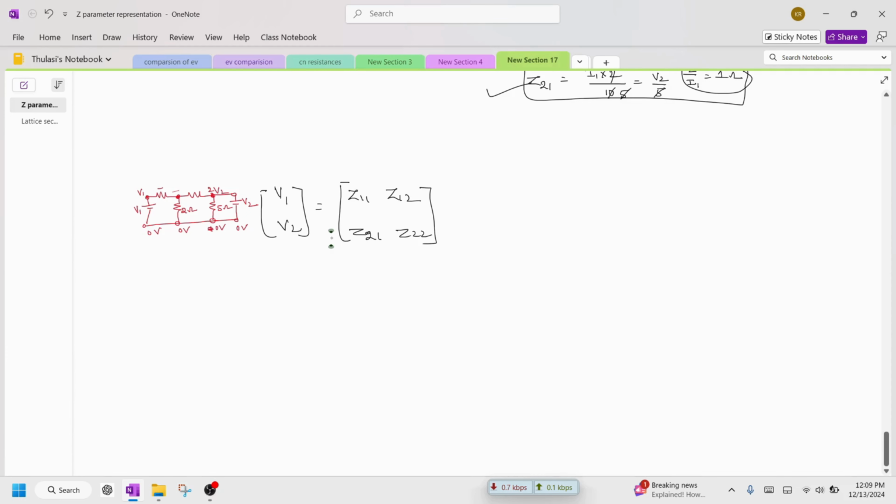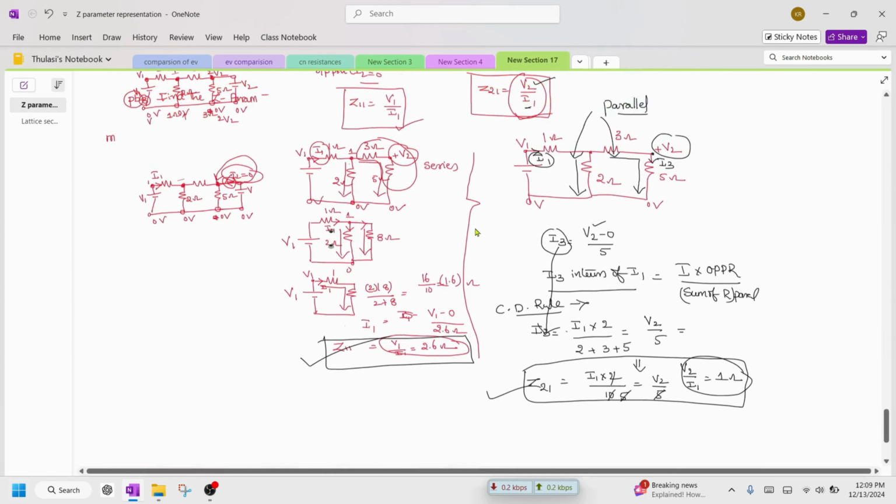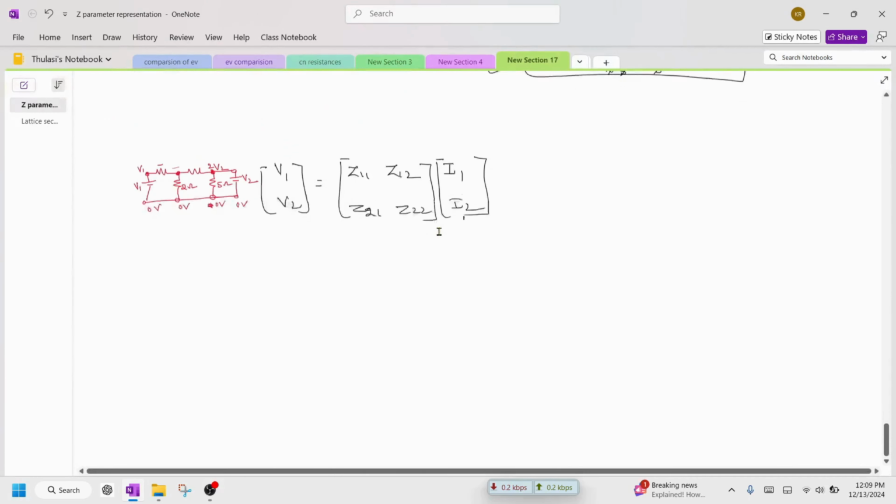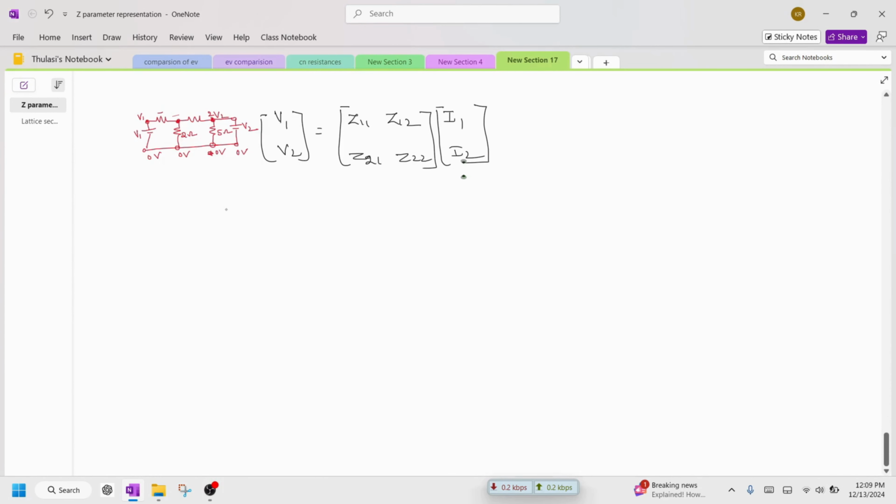If you are very talented, you can apply it on your own and verify with the answer. Those who are learners or want to learn newly, you can follow my class, and we follow the same method. Here the equations are V1 equals Z11 I1 plus Z12 I2 as one equation. The next equation is V2 equals Z21 I1 plus Z22 I2.